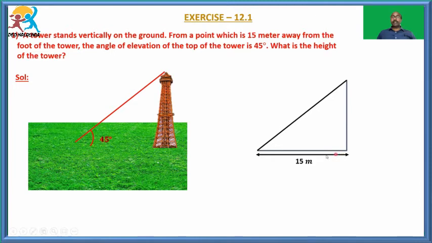That is, the distance between the observer and the foot of the tower is 15 meters, and the angle of elevation is 45 degrees. And here A is the point of observation, BC is the height of the tower. We have here 90 degrees. Now, using this picture, we have to find the height of the tower.